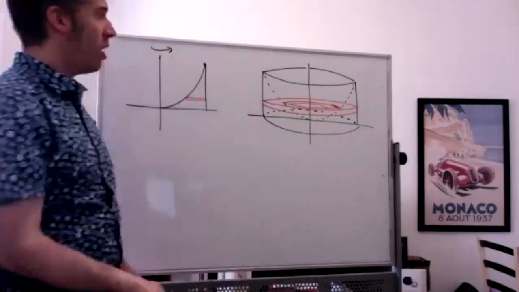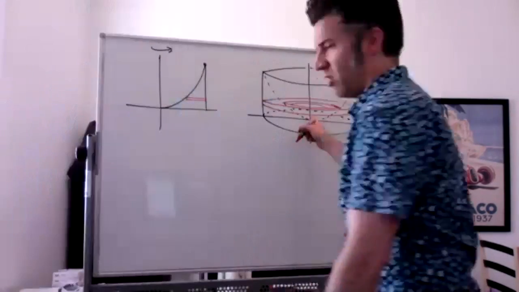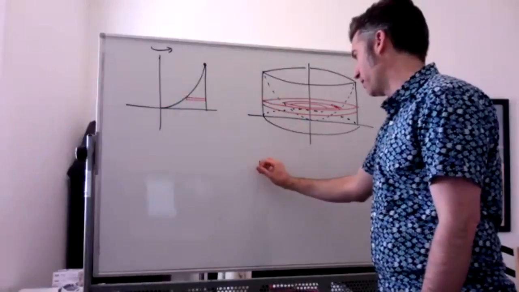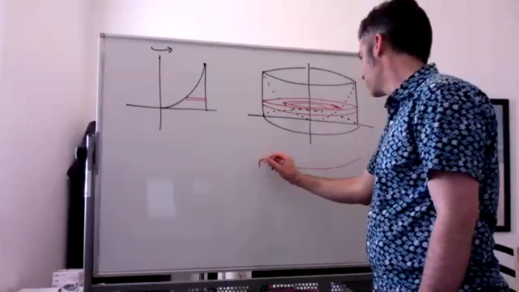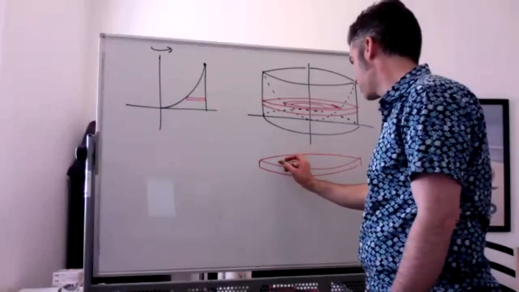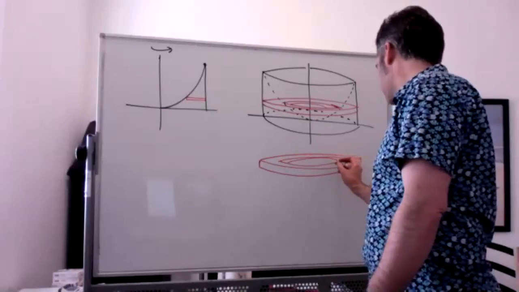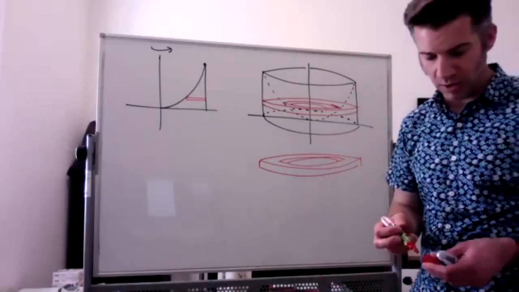So what we have is a washer instead. Sometimes it's hard to see it when it's drawn there, so I can draw it down here as well. There's our not very well drawn washer.